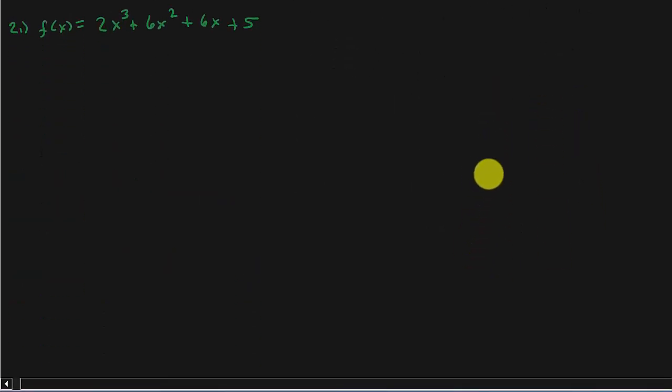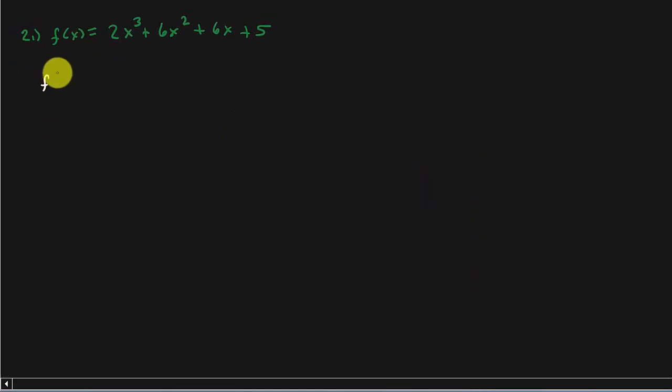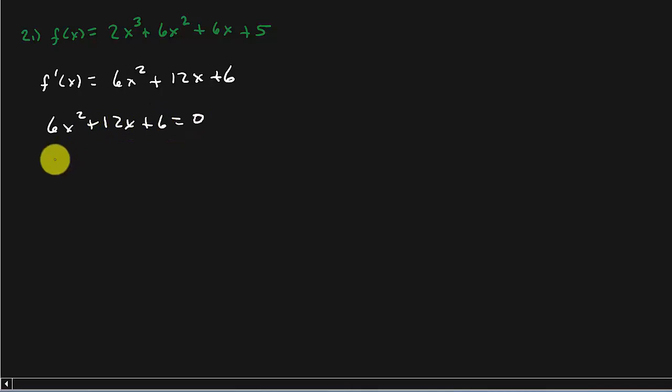All right, let's look at this one. Let's graph this one. So I've got f prime of x is equal to 6x squared plus 12x plus 6. All right, so we're going to take 6x squared plus 12x plus 6 equals 0. I can factor a 6 out.